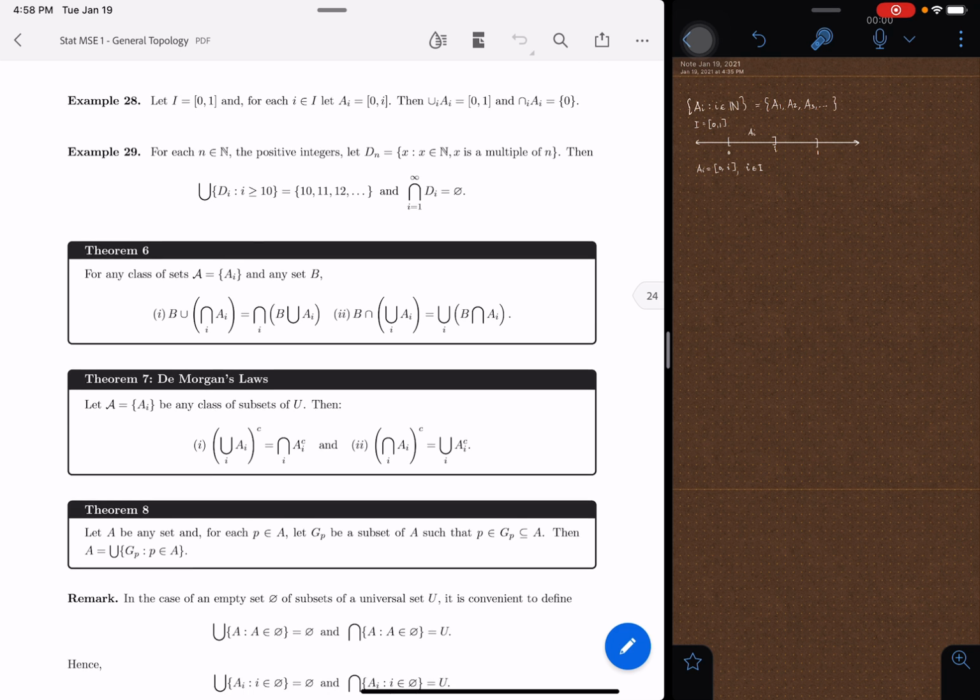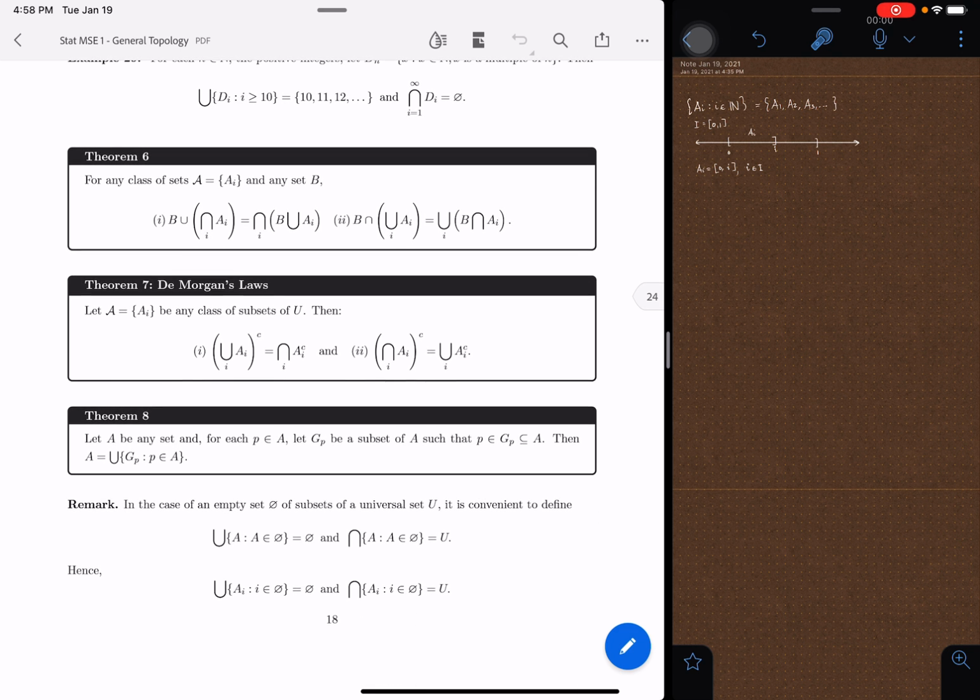We can also generalize the distributive property. Okay, so we can distribute the union over the generalized intersection, and we can distribute the intersection over a generalized union. It is given in Theorem 6. In the first case, we get the union of B and the generalized intersection of A sub i, or the indexed intersection.